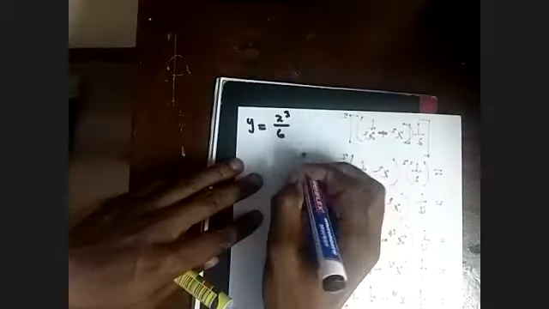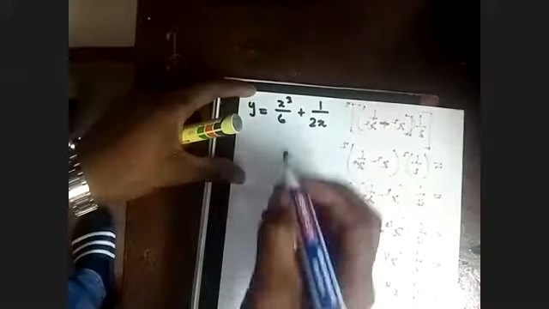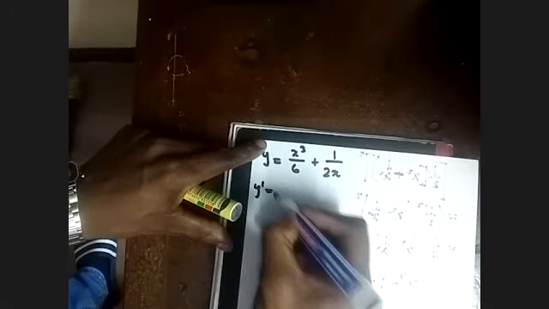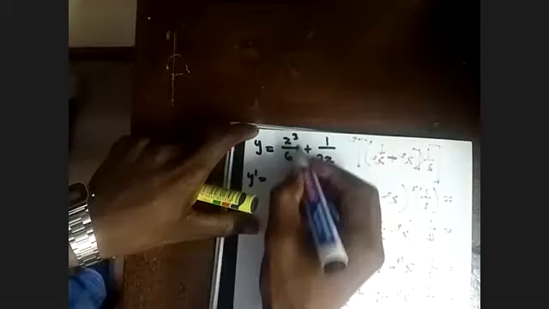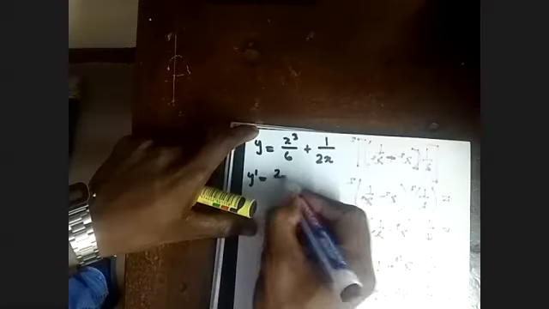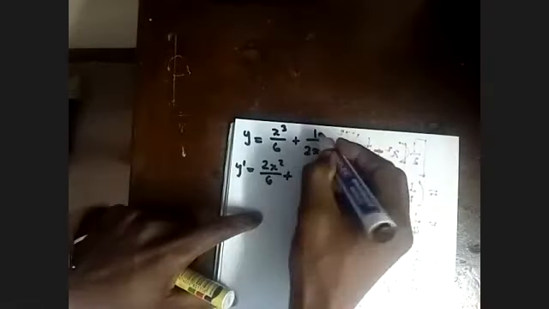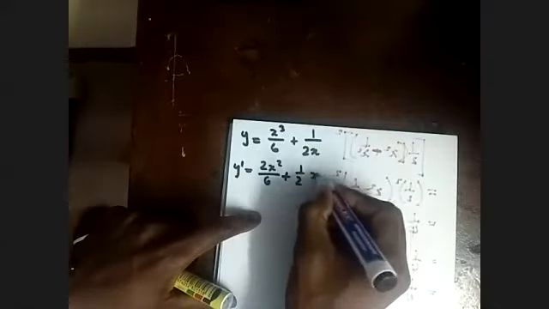We had an equation of y is equal to x cubed all over 6 plus 1 over 2x. And I said you find the derivative of this. We said the derivative of this is going to be 2x squared over this, plus here we're going to have 1/2 x to the negative 1.